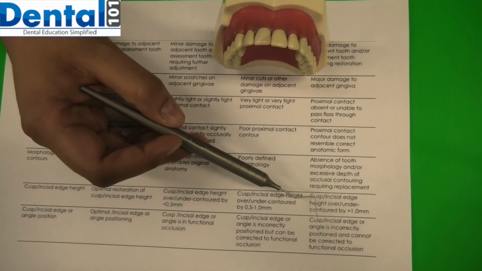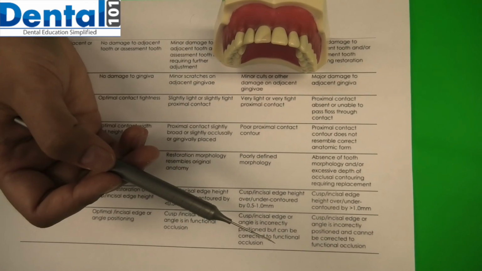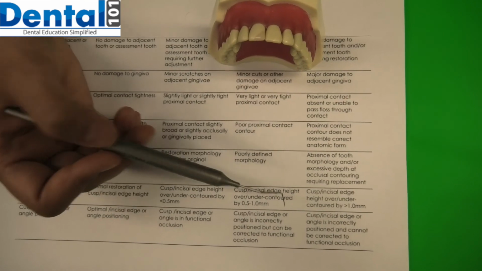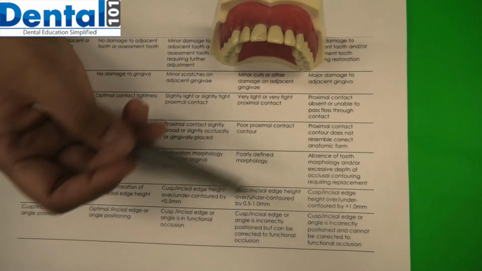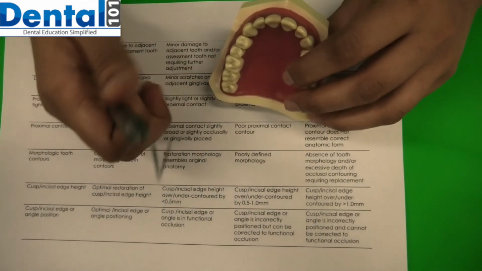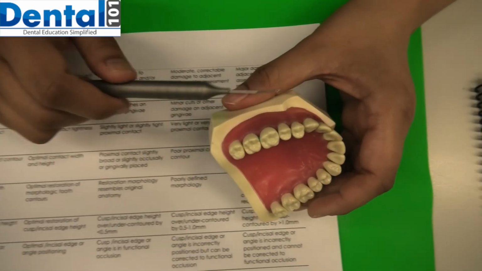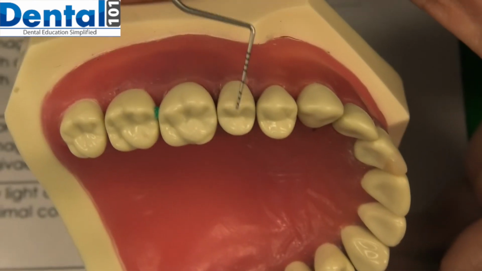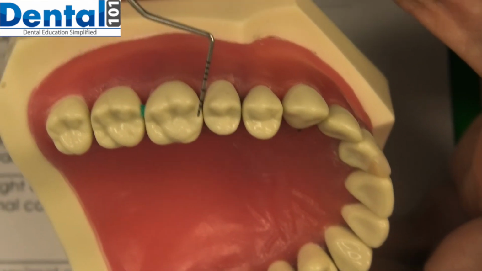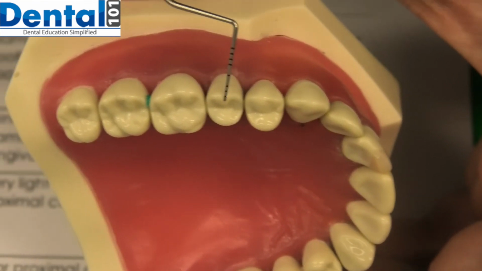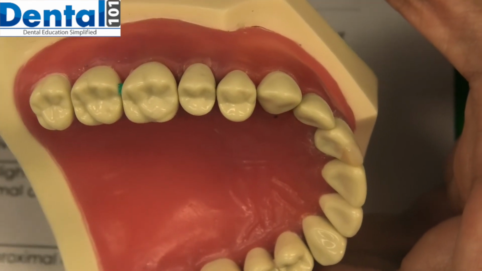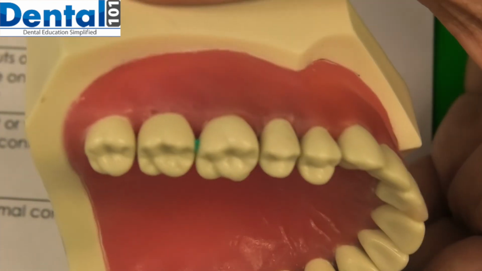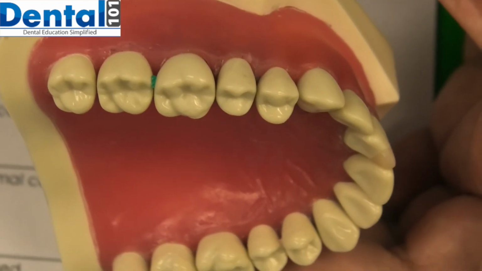And if it cannot be corrected to functional occlusion, then it will come under unsatisfactory. For the posterior teeth we will check the cusp position. For a premolar, if it's more towards distal or mesial, and if we can correct it, then it comes under borderline. But if we can't correct it, it will come under unsatisfactory.